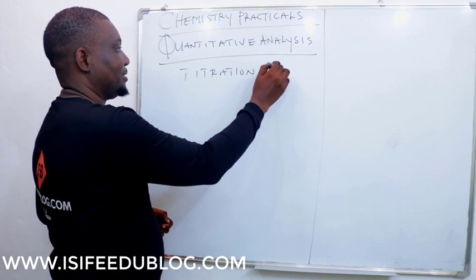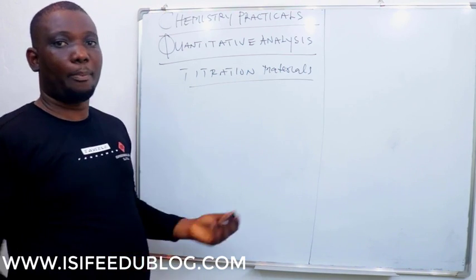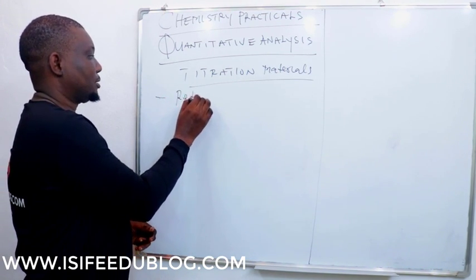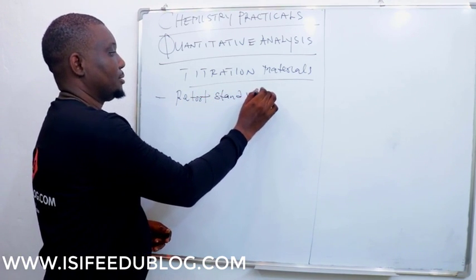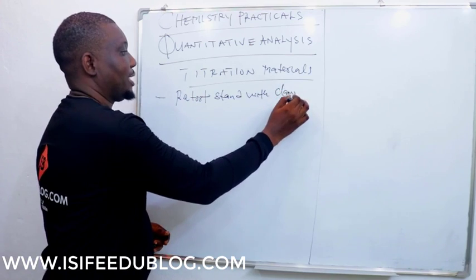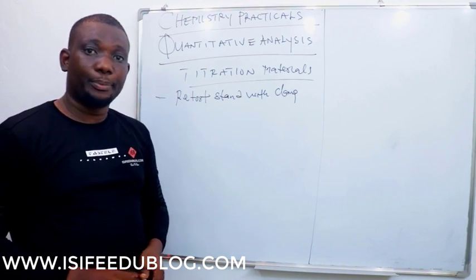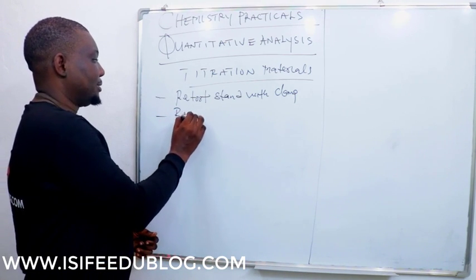Titration materials or apparatus. First, we're going to be looking at a redox stand with clamp. Redox stand with clamp. And then we're going to be looking at our burettes.